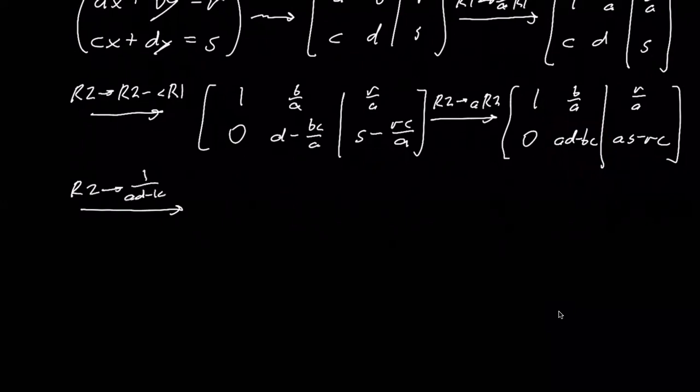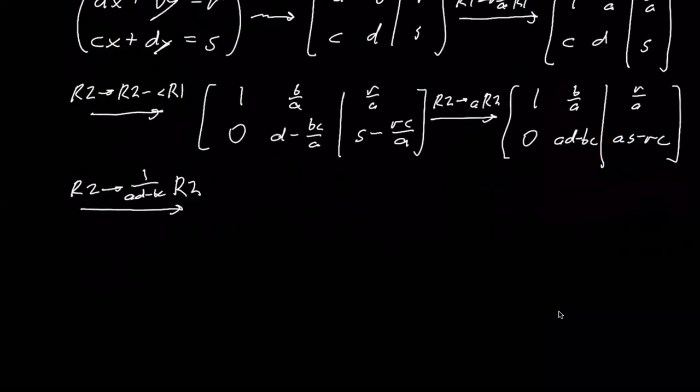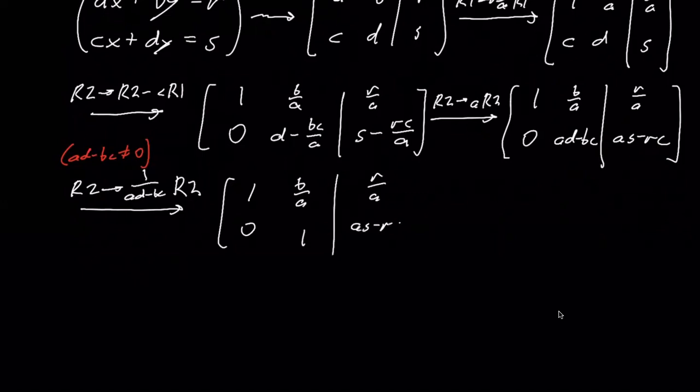Right, we can't divide by 0. So let me put that in red here. We always want to keep track of what assumptions we're making. And okay, so 1, 0, B over A, 1, R over A, AS minus RC over AD minus BC.